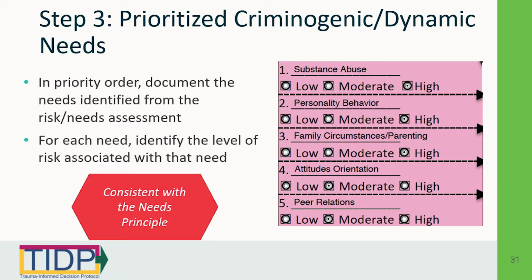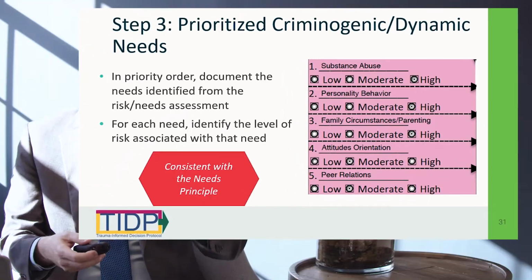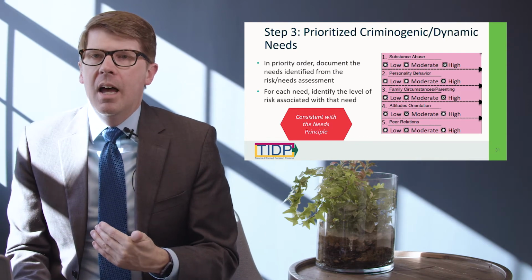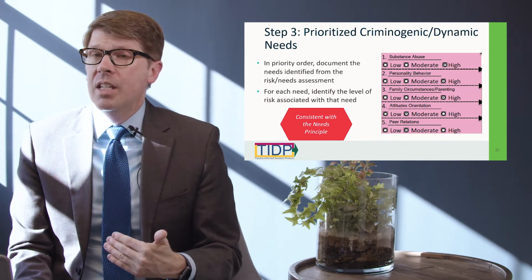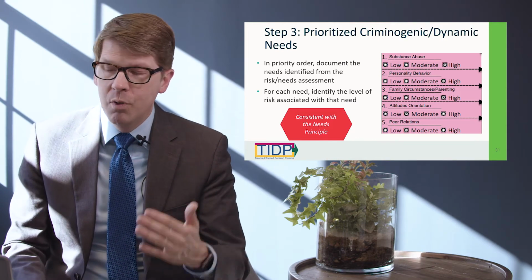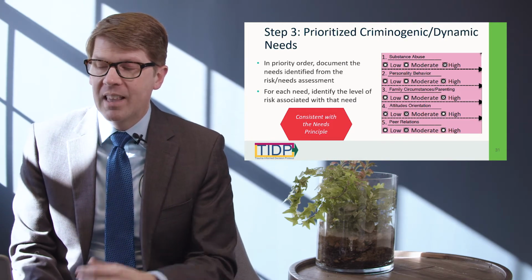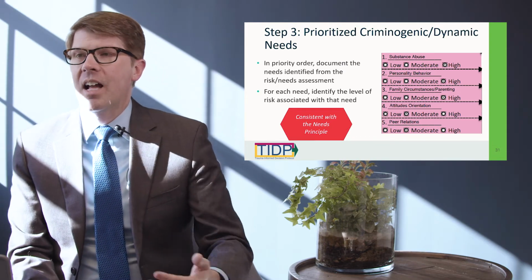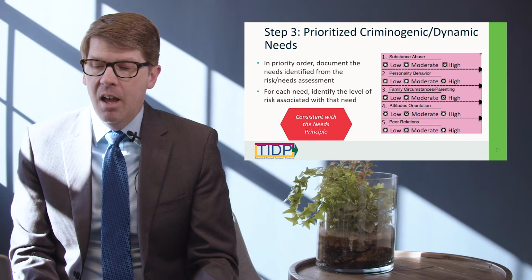Now, what we also encourage you to do, if there are other moderate needs that you think may be important for you to consider as a possible priority target for case planning, is to go ahead and include those on the TIDP form as well. So AJ's TIDP form would start with the prioritized high needs, moving down to reflect that attitudes and orientation and peer relations could be listed in slots 4 and 5.